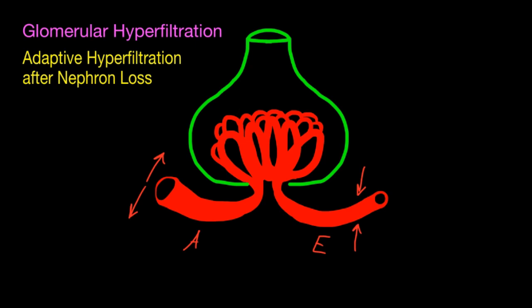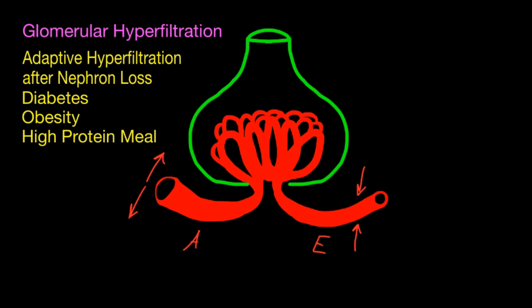However, what we've discovered is that hyperfiltration, no matter whether it's adaptive or maladaptive, is not good for podocytes, it's not good for the glomerulus, and it can lead to chronic podocyte damage and loss and eventual glomerular scarring. So when we're treating hypertension, we're also trying to mitigate or slow down this adaptive hyperfiltration process.